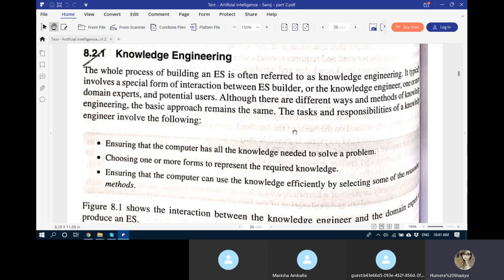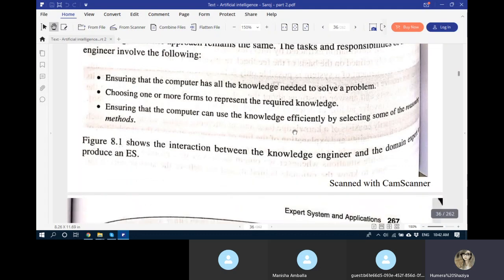All those methods are used for reasoning or deriving conclusions. So, a knowledge engineer has to efficiently select some of the reasoning methods which are better for that particular expert system.